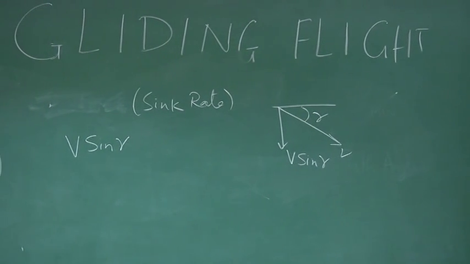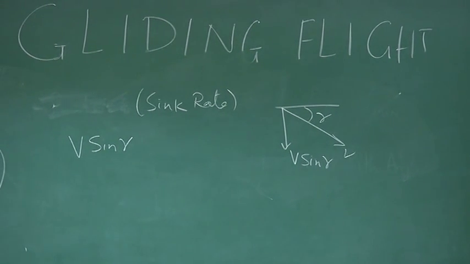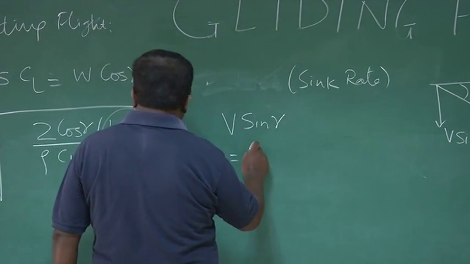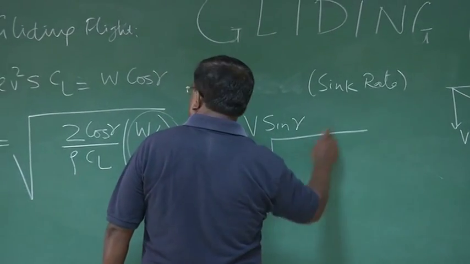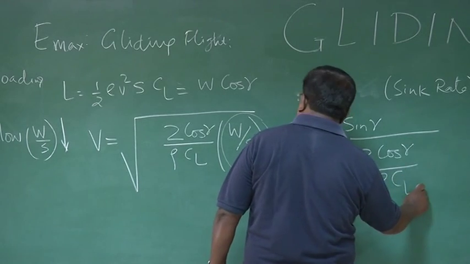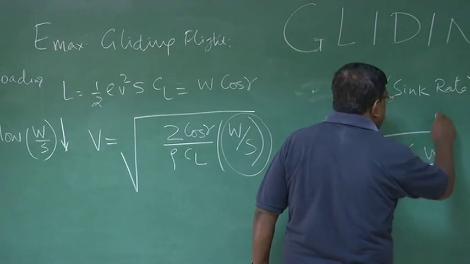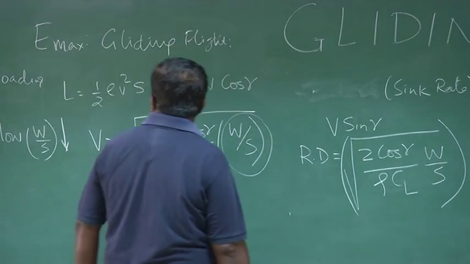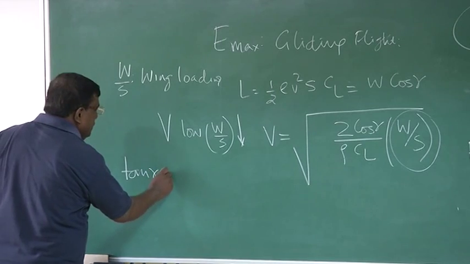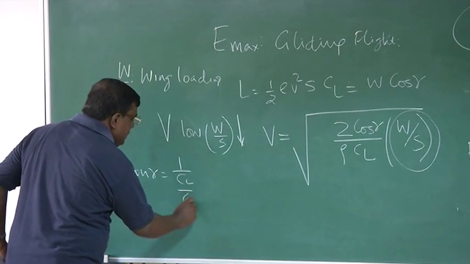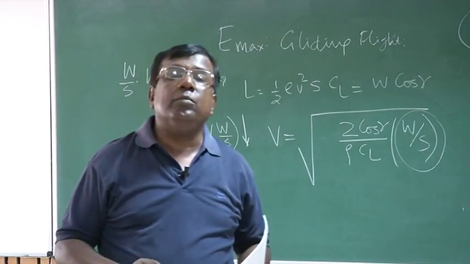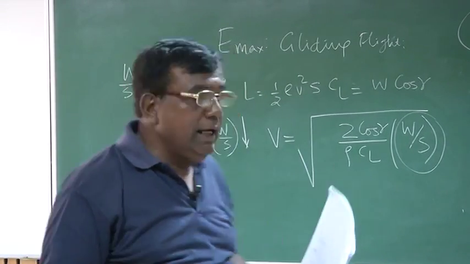Okay. So if V is this and V sine gamma is the rate of descent, I can write rate of descent equals V, which is square root of 2 cos gamma by rho CL W by S, times sine gamma. And what is sine gamma? Remember, we have seen tan gamma is equal to 1 by CL by CD, for small climb angle or small angle of descent, right?